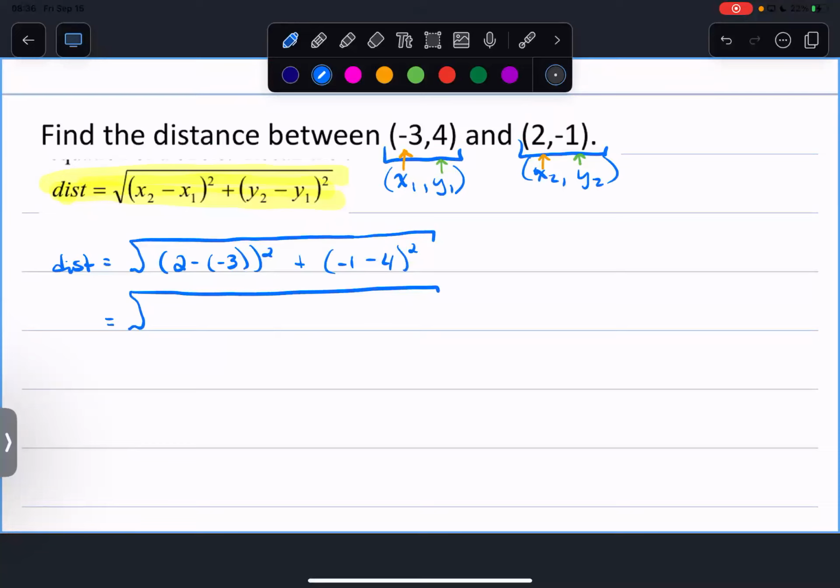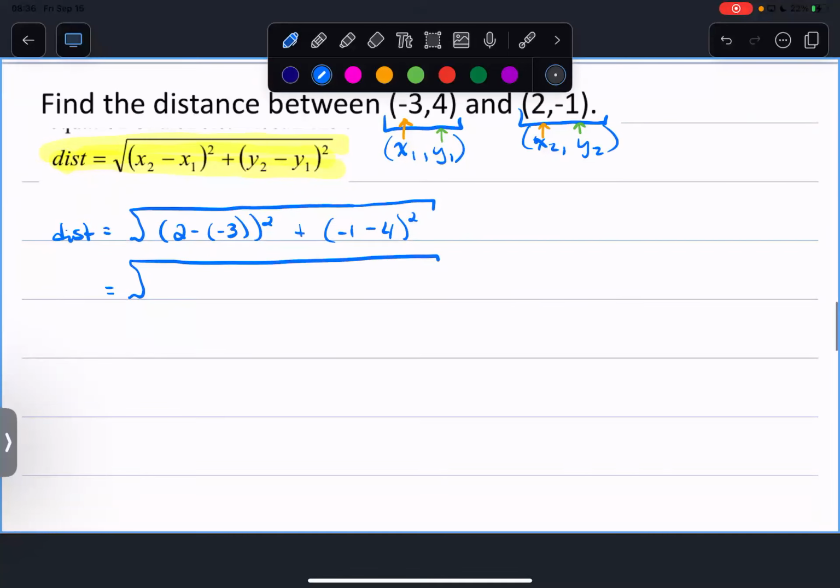And so inside each of the brackets, I'm going to work with them simultaneously, right? But 2 minus -3 puts me at 2 plus 3, right? 5. And then squared, but I'm leaving that for a little bit. And then -1 minus 4 puts me at -5.